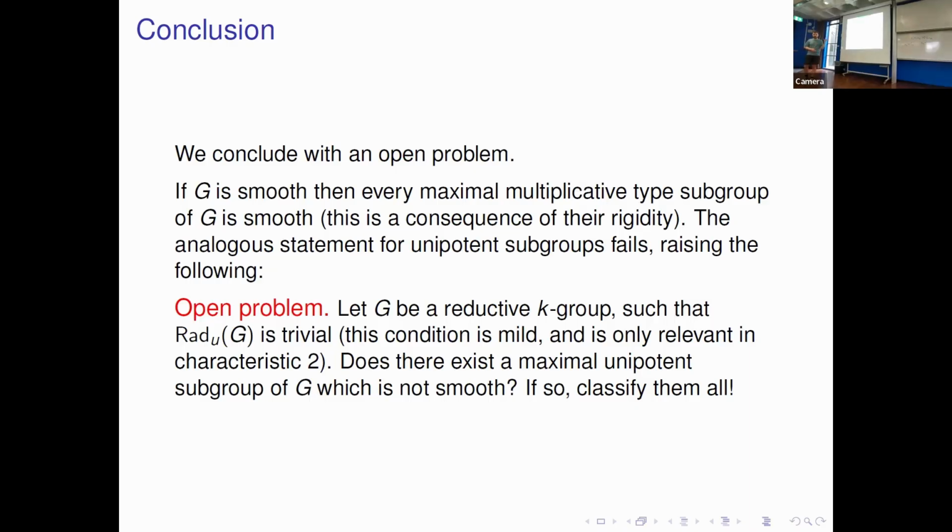So I'm going to say one of the open questions. Stepping back for a second, remember that we constructed this upper central series, and it terminated somewhere along the ordinals.